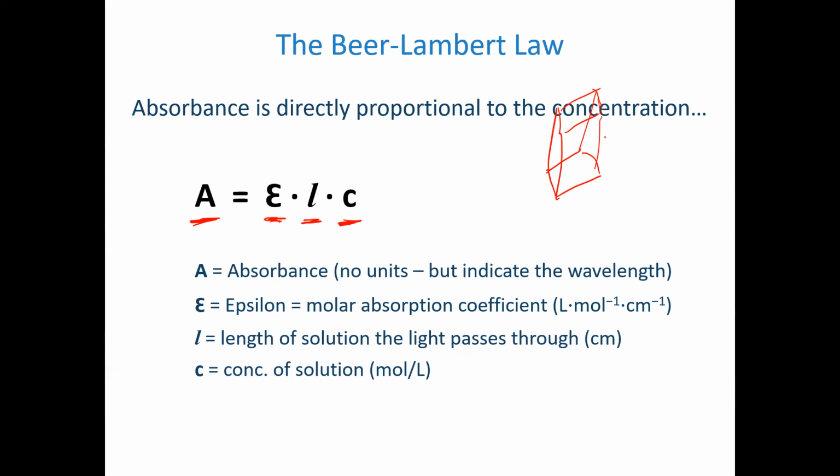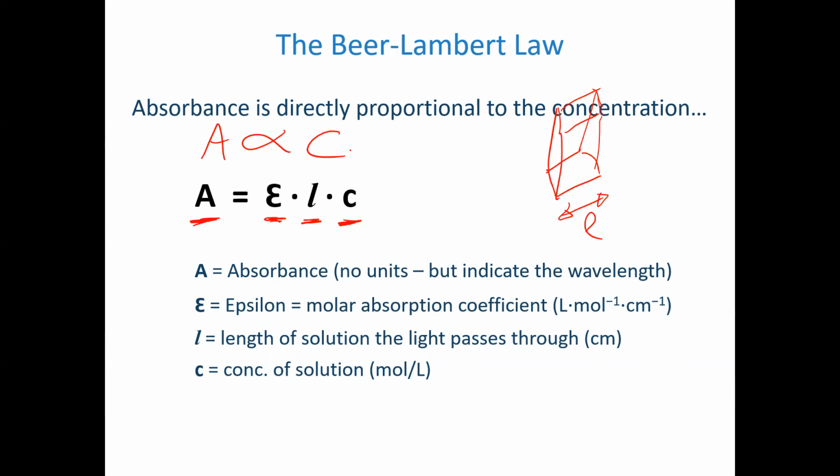There's my little square test tube. And it's basically the width of that test tube. And they're all standard 1 centimeter exactly, every single one that you buy from the manufacturers. So really what you're looking at is absorbance is directly proportional to concentration, and there's a constant involved. And that's all we need to know.